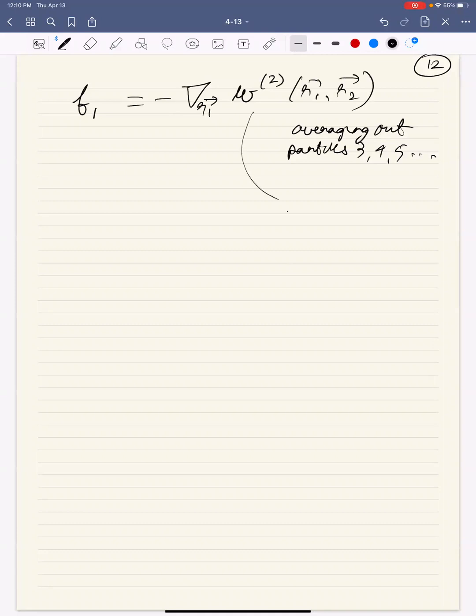Just to remind you, W was log of G, right? W is just the radial distribution function with a -1 over beta on a log scale.